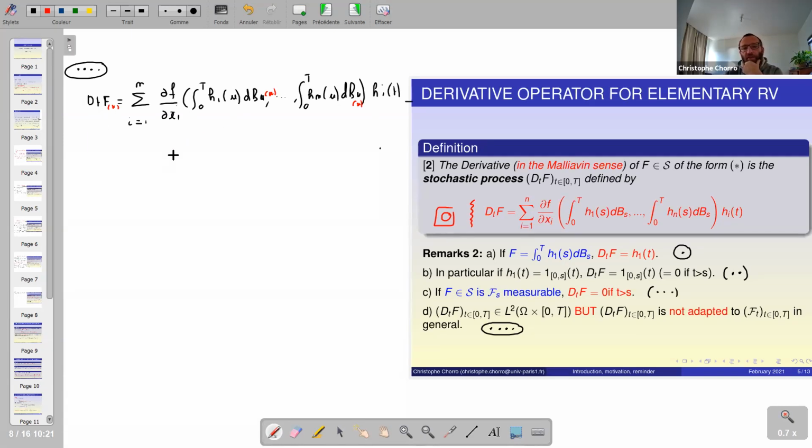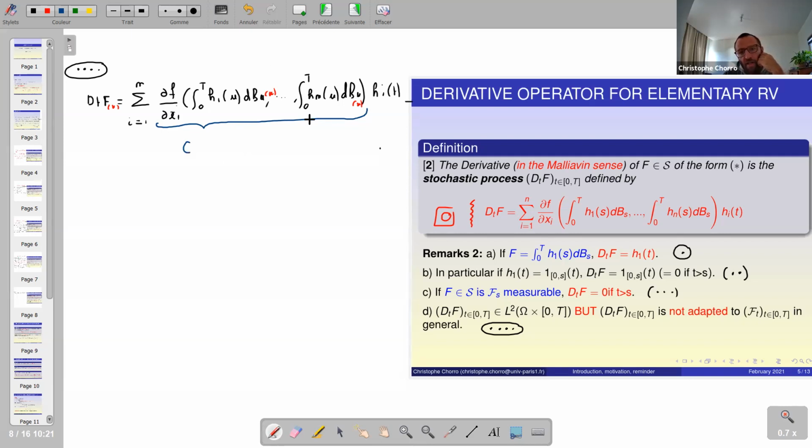So what can I say concerning the integrability of this process? First, I see that my partial derivative has polynomial growth. I have inside here a Gaussian vector, and according to what I have said previously, in particular, I am in all the Lp spaces, and so I am in the space L2 of omega.